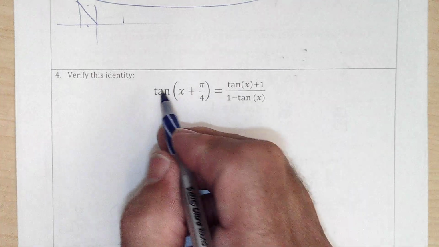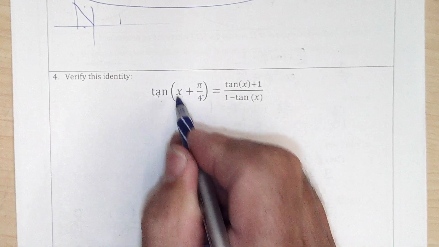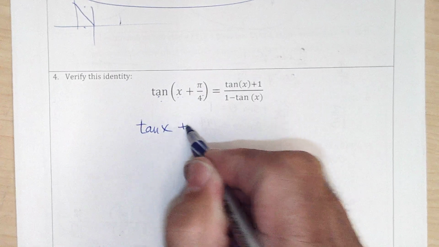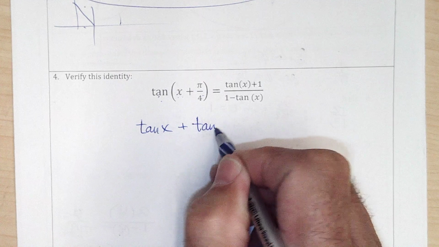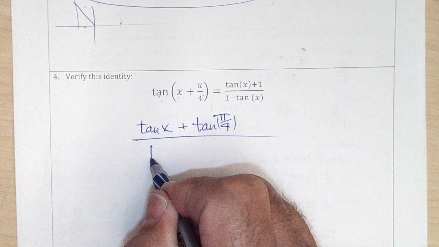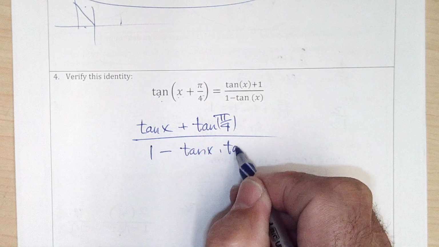This identity: the tangent of two angles added is the tangent of the first plus the tangent of the second, over 1 minus the tangent of the first times the tangent of the second.